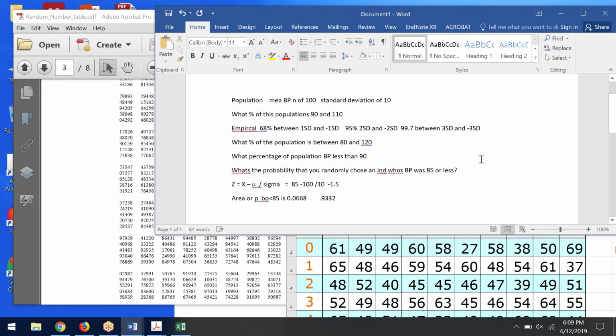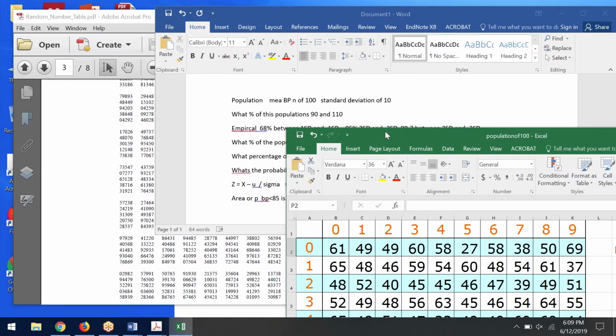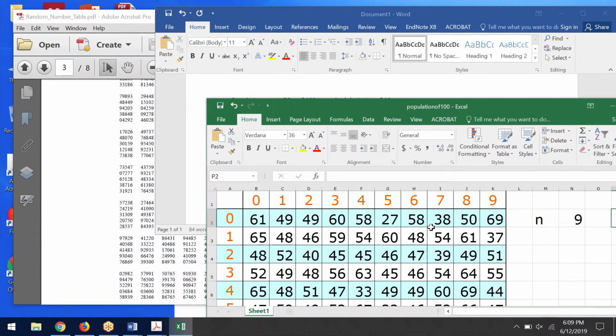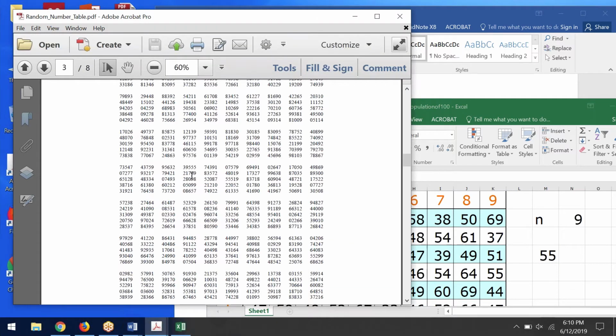So I'm going to go to Excel. Okay, we have Excel here. I'm going to go over here. And what did I say 39 was? 55. I'm going to put 55 down there. And now I'm going to go back to my table. And the next person is going to be 55.